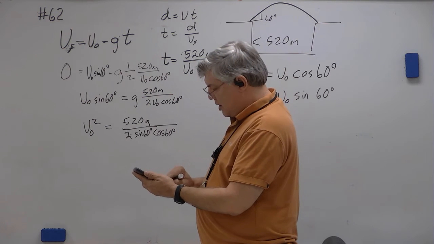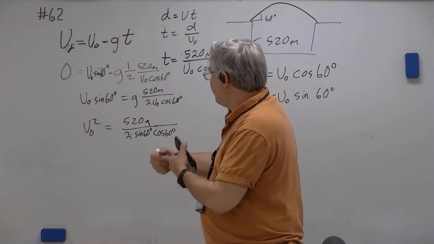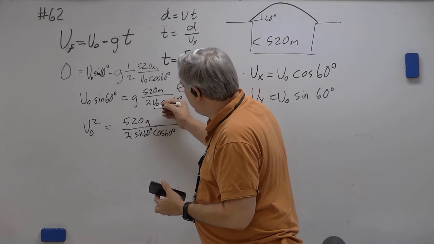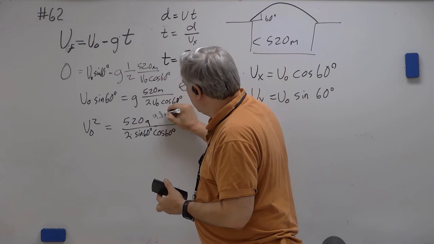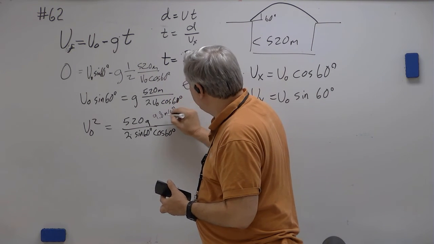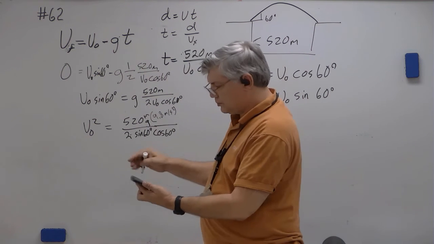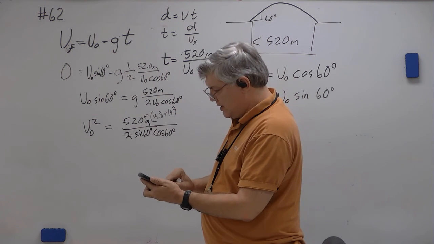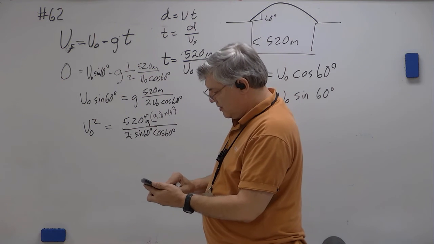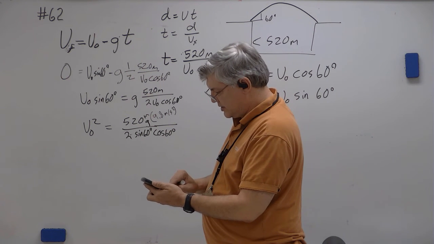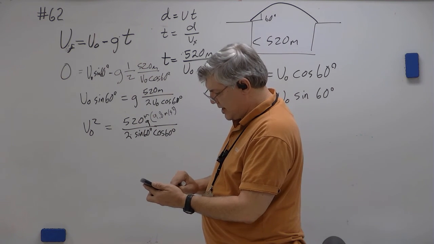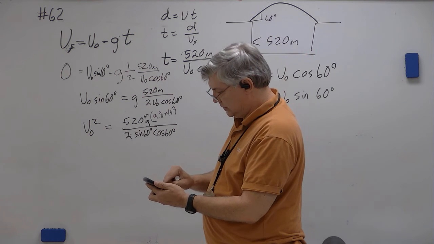So 520 times, and for g, I'm going to use 9.8 meters per second squared, and this is meters. So 9.8, now I'm going to divide by 2, divided by the sine of 60 degrees and divided by the cosine of 60 degrees.